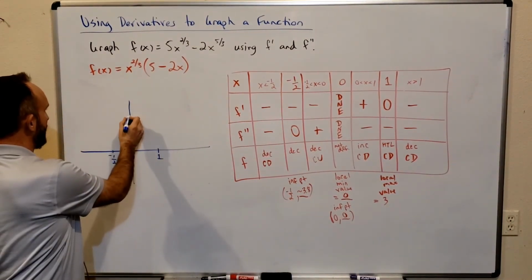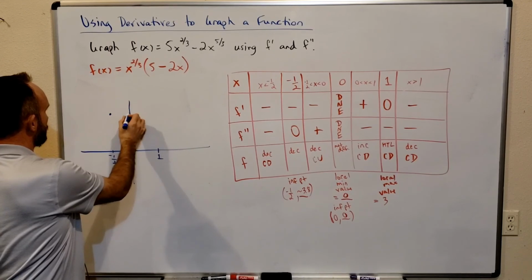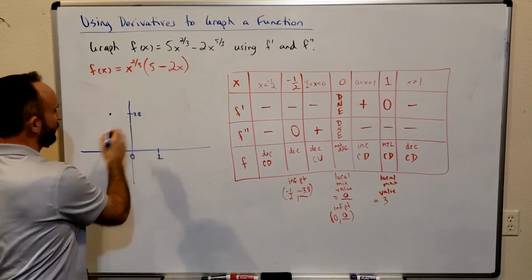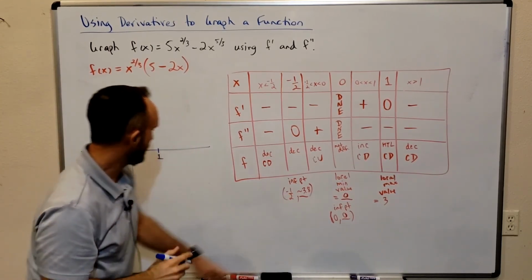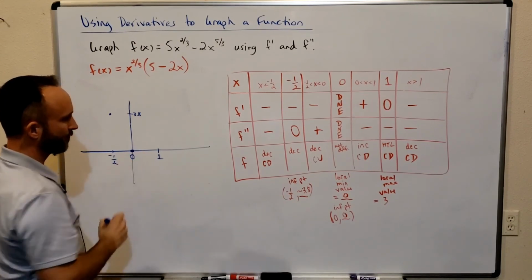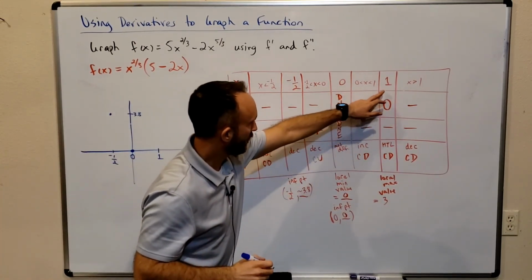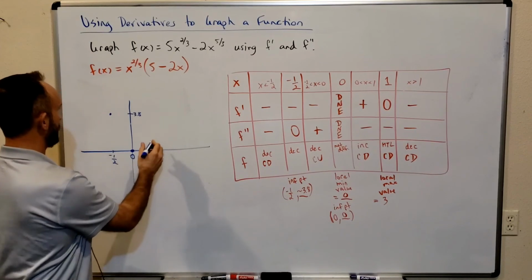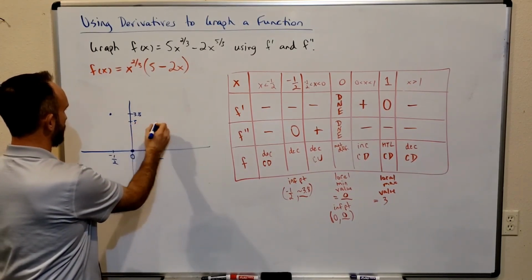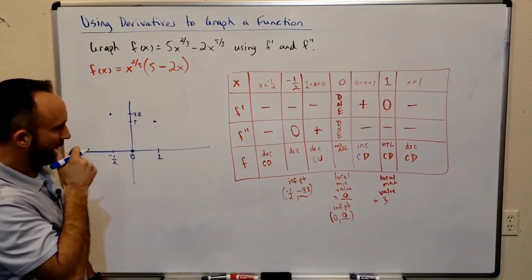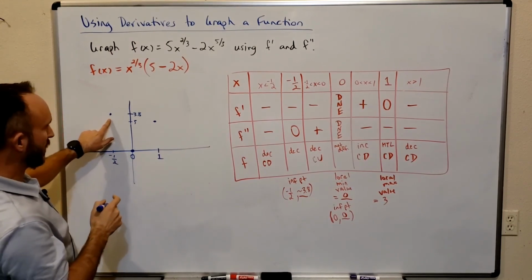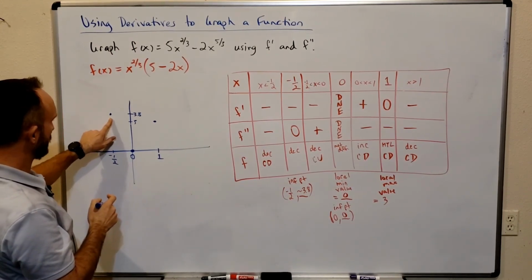Okay, so let's say that is right here. And then we've got 0, 0, so that's here. And we've got 1, 3, so that's like right here. All right, so this first point is an inflection point, so we'll keep that in mind.